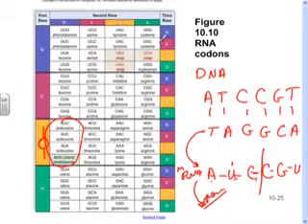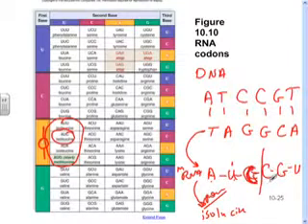The third base is this third column. Our third letter is C. So I'm going to find C, and when I go over, I know for a fact that AUC codes for isoleucine.